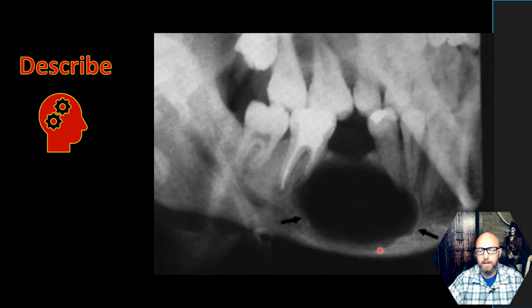But in this case, I know the lesion's causing that, so my differential is going to be limited to typically those benign type of lesions, either a cyst or benign tumor. And this is likely just a residual cyst, as you see the extraction site right here. They extracted the tooth, but maybe that cyst was left in there and continued to grow, because when something is an actual periapical cyst, it has its own growth potential, and that cyst is going to have to be enucleated just like any type of pathology, or it can continue growing.